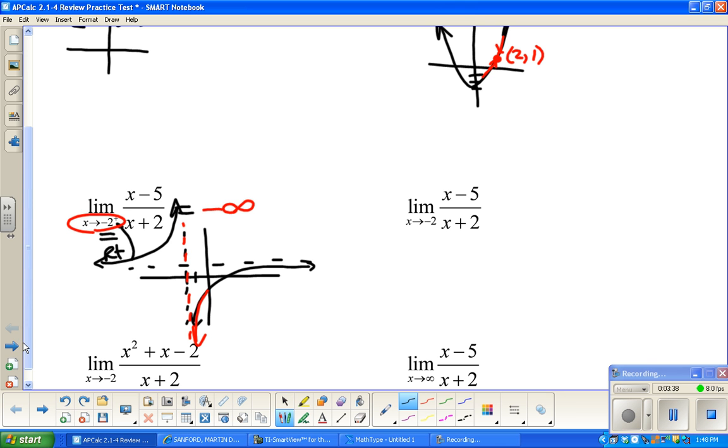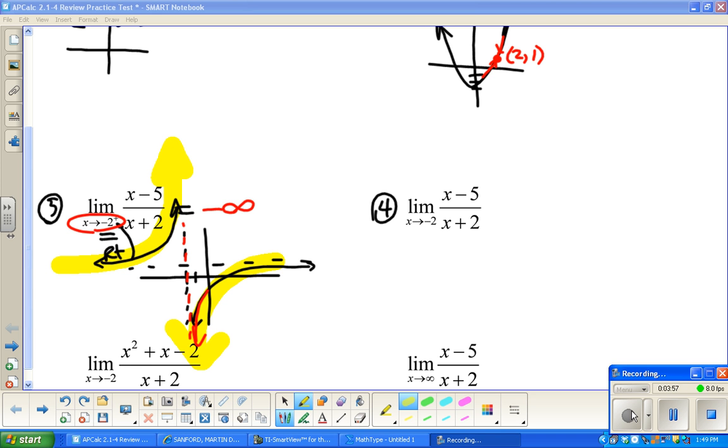Now, the next question is related to this. So this would have been number 3, so the next one's number 4. We're talking about that same graph again, and from the right side we already said it was approaching negative infinity. From the left side it's approaching positive infinity. The issue here is they don't match.